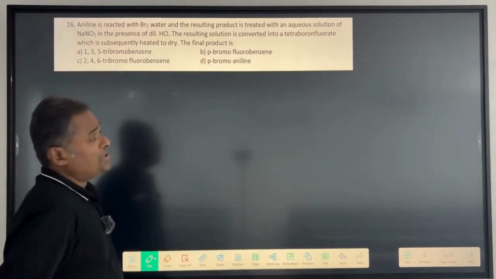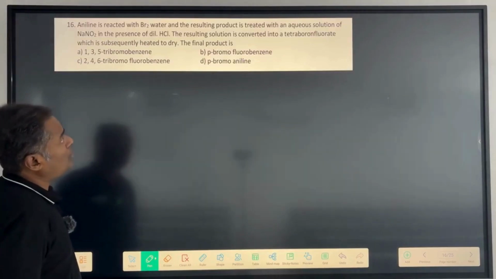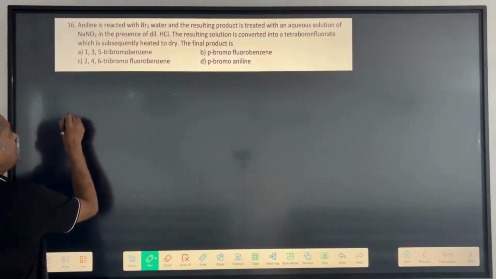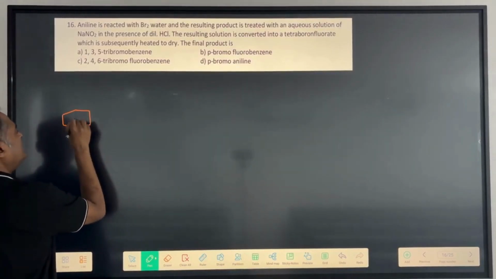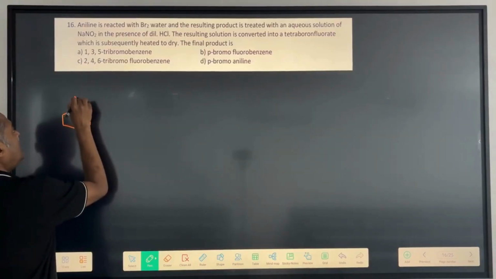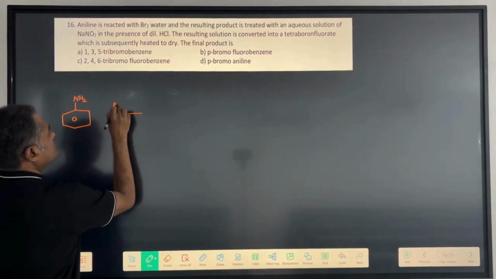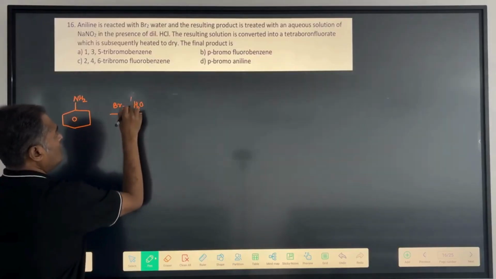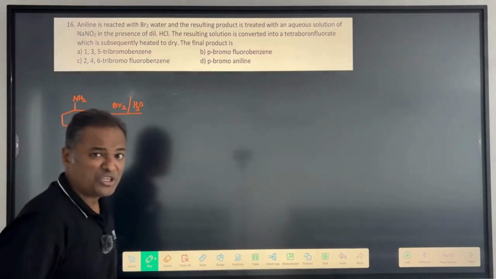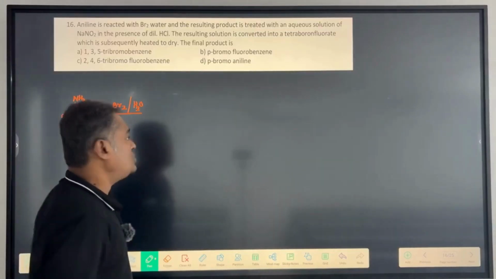Over here, child, the question is like this, that aniline is reacted with bromine water. So let's write the aniline first. I think this is that aniline unit, a benzene ring containing NH2 is an aniline. Now when you treat this with bromine water, we know that bromination will take place at all three ortho and para positions.